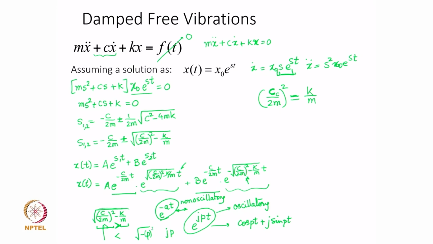And therefore, Cc, because I can then call this omega n, turns out to be 2m into omega n. That is the critical damping coefficient for you.